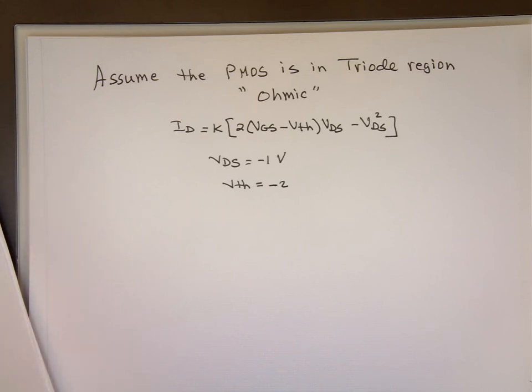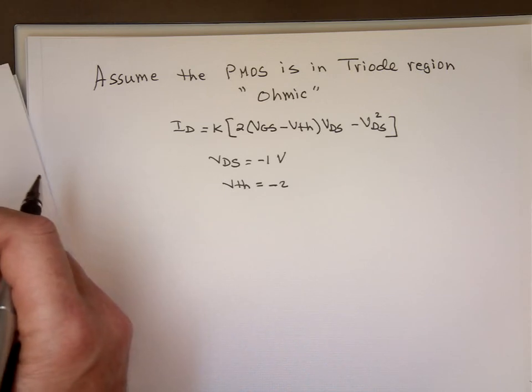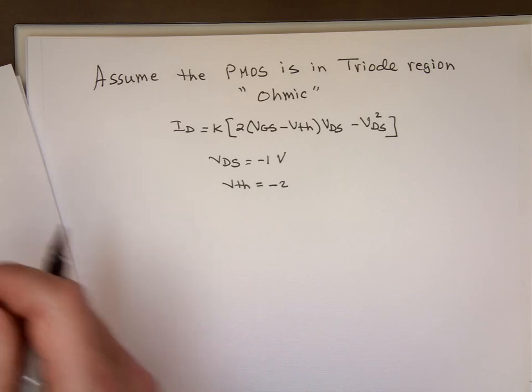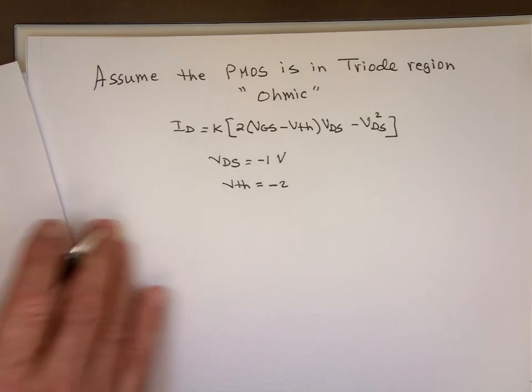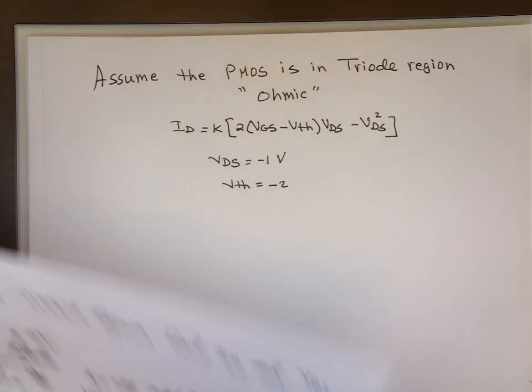So let's plug them in and see what's going to happen. So I sub D, which is 1 milliamp, let me just move these papers aside. I've got 10,000 pieces of paper in front of me.